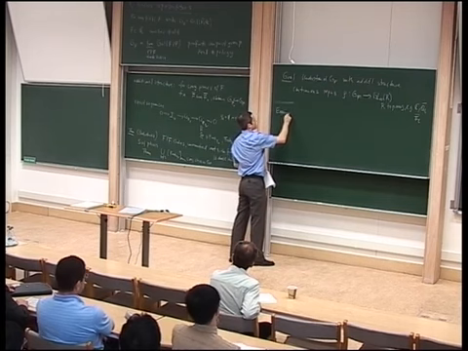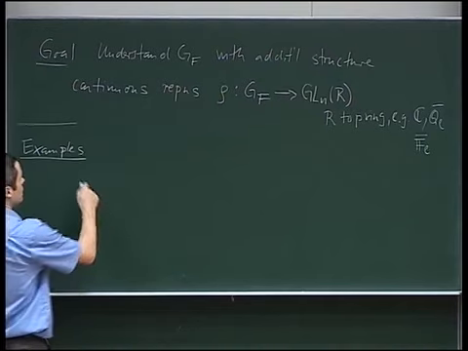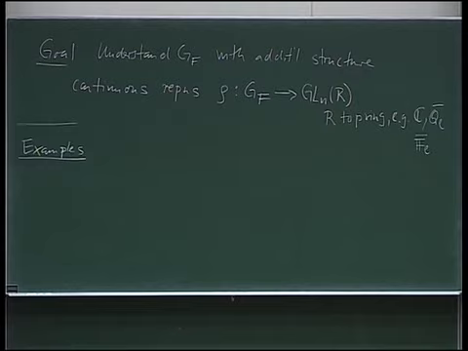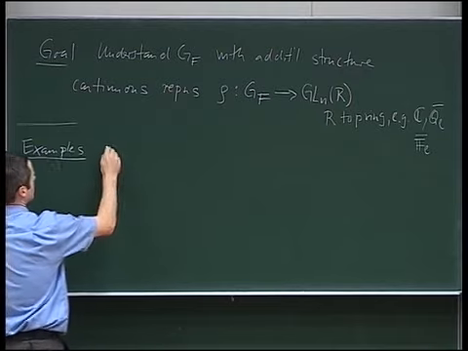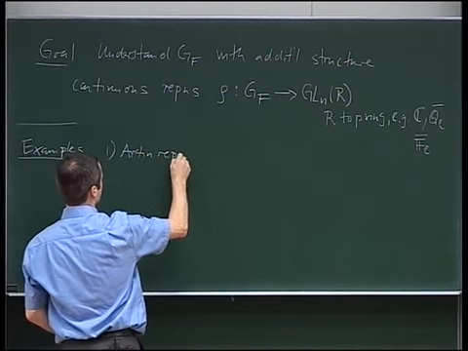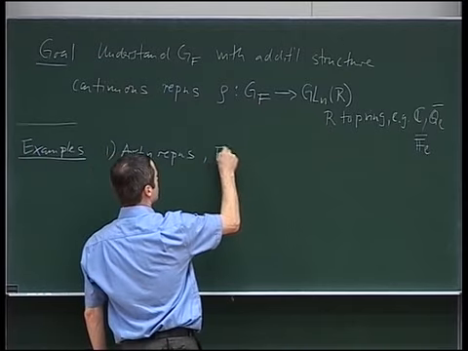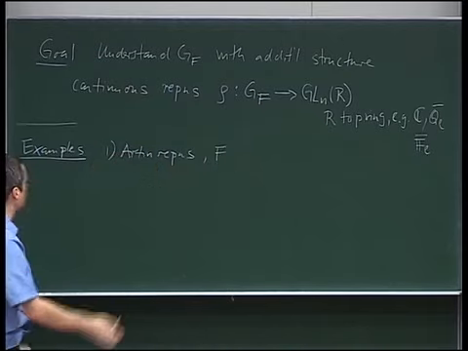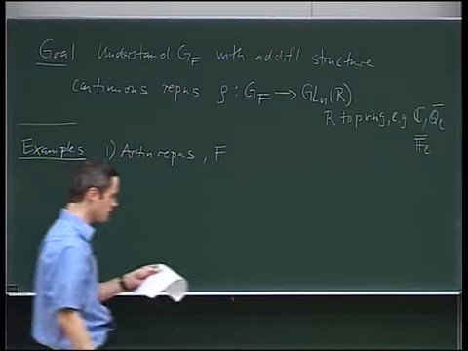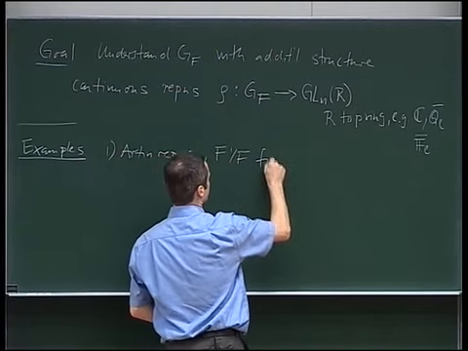So some examples of such representations. Firstly, if R is equal to the complex numbers, we call them Artin representations, and they all arise, because of the different topologies on the absolute Galois group and the complex numbers, from finite Galois extensions.